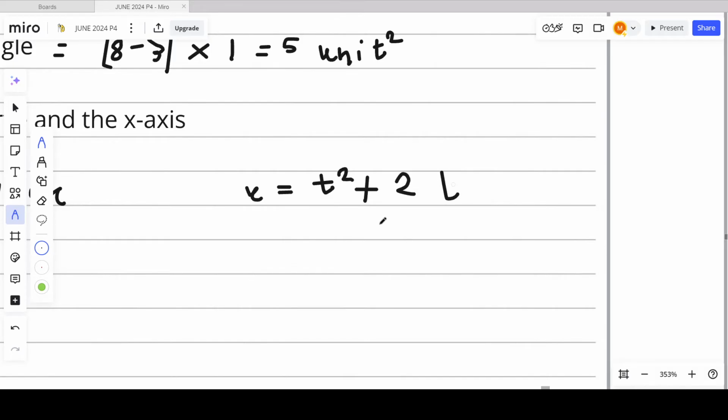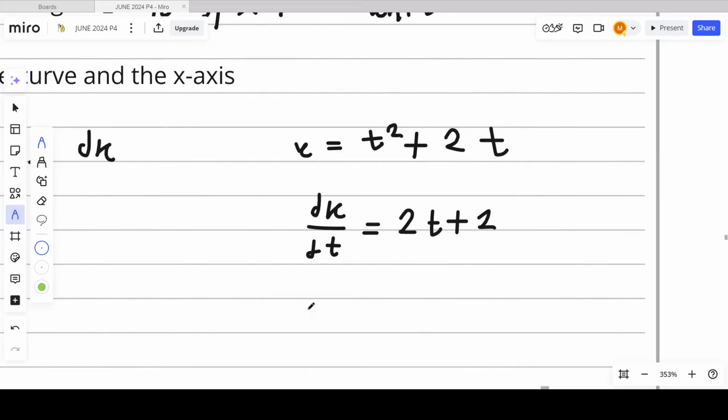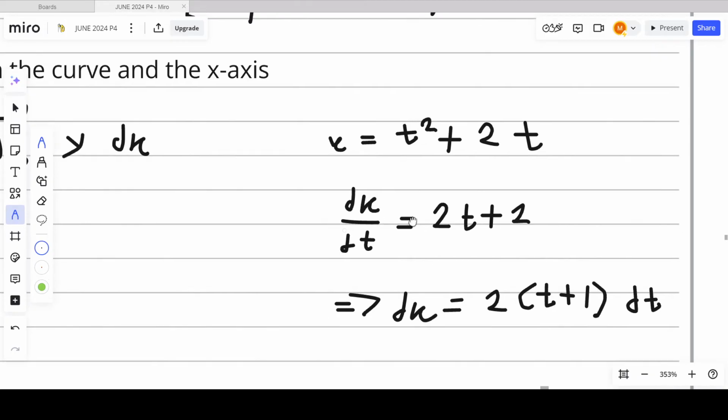So if you differentiate this, you get dx over dt equals 2t plus 2. Now we need to substitute for dx in terms of t. Make dx the subject. You will get 2 times (t plus 1) dt. Done. We got the substitute for dx.